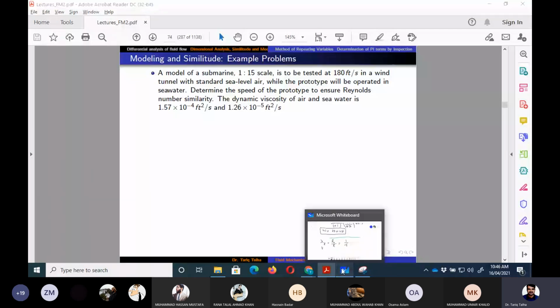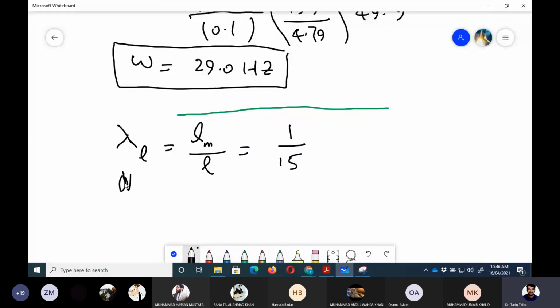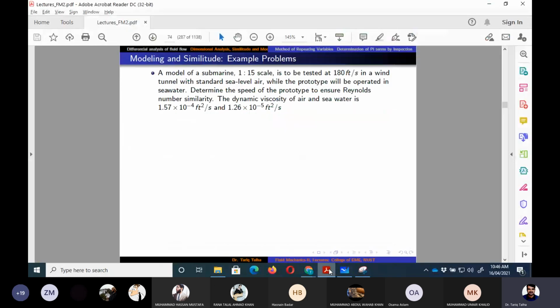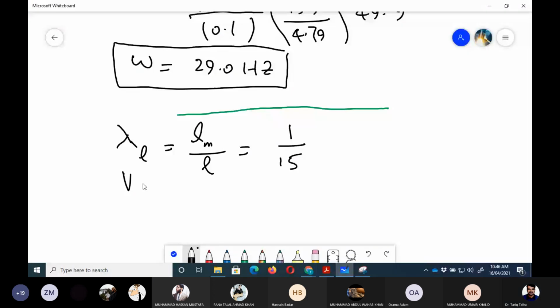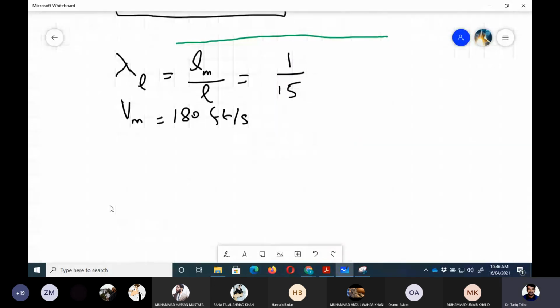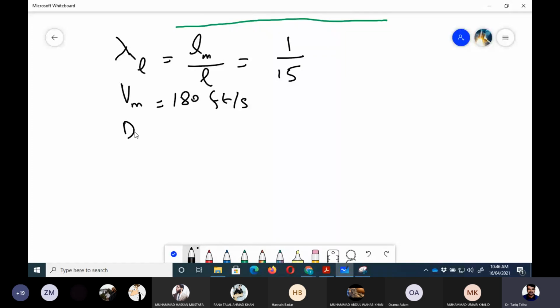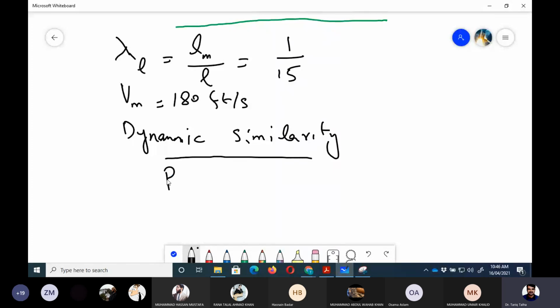So it is quite simple. First of all, we write the velocity of the model, which is 180 feet per second. And because it is dynamic similarity we are talking about, the Reynolds number for the actual prototype should be equal to the Reynolds number of the model.